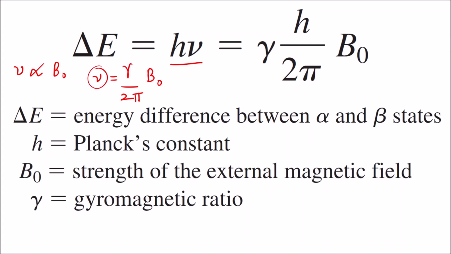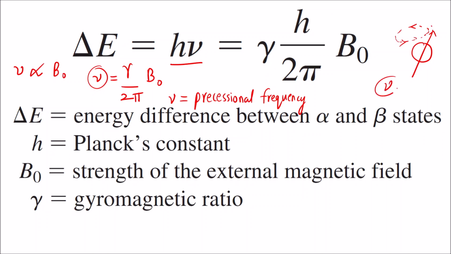Okay, what is this nu? Nu is the precessional frequency. In the first slide that I had shown, any nucleus that undergoes spinning across one axis with some frequency, that spinning of the nucleus, the precessional frequency of the nucleus, is nu.